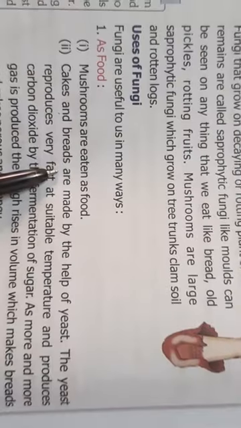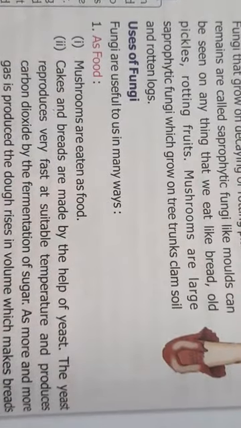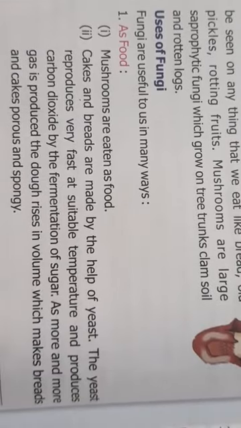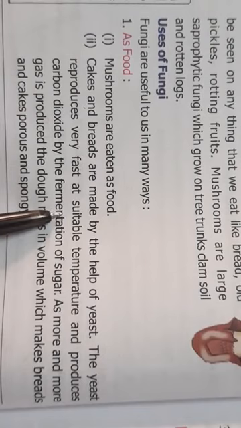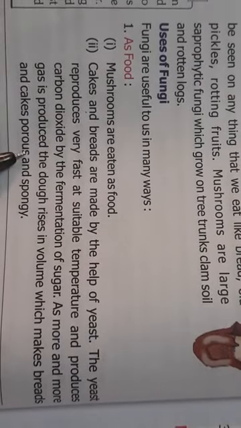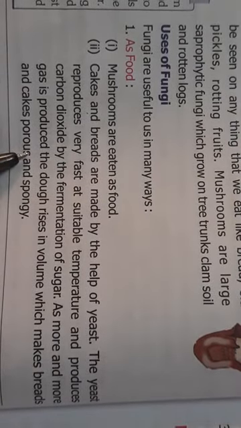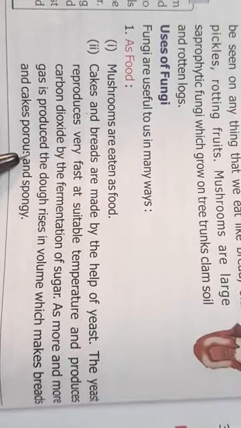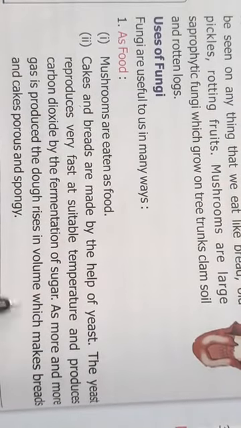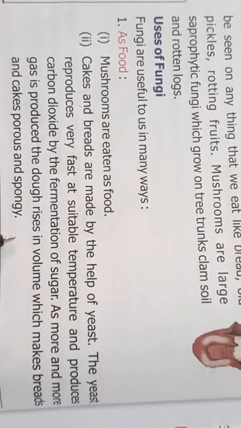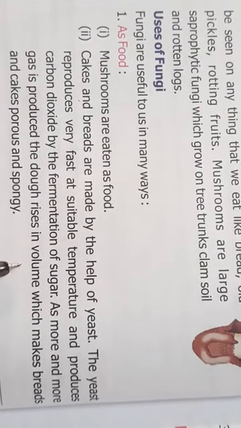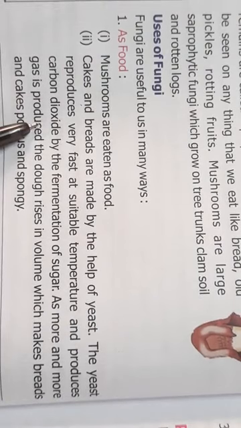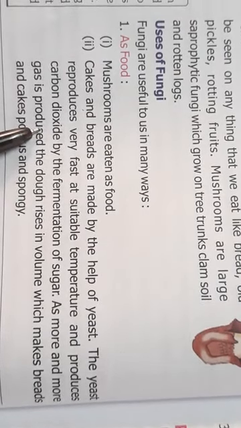And what does the yeast do? You have studied in class 7 that yeast starts reproducing whenever it gets a suitable temperature. It starts multiplying and producing carbon dioxide gas, and fermentation starts.